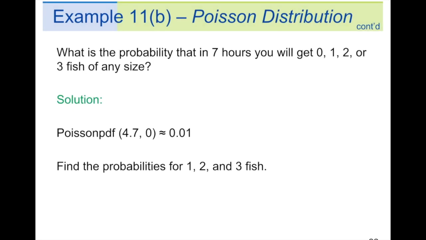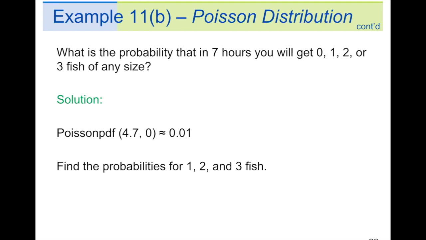What is the probability that in 7 hours you will get 0, 1, 2, or 3 fish of any size? So the solution you put into your calculator, and you should do this right now to test: Poisson PDF 4.70, because the mean is 4.7, and we're looking for 0 successes, no fish.